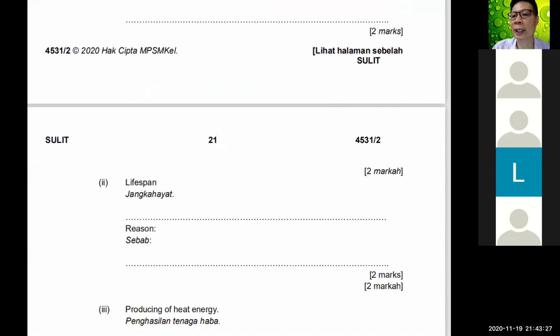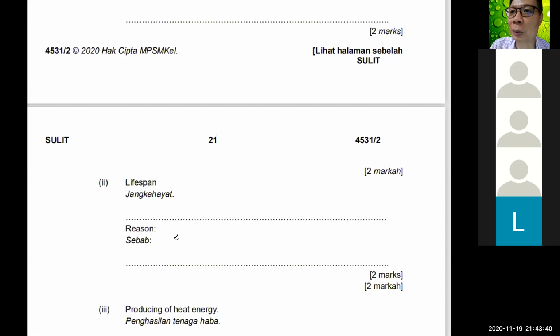Can be used longer. Yes, correct. Can be used longer, lasts longer. It lasts longer, and then you can say it saves cost, saves money, correct? You do not need to replace.